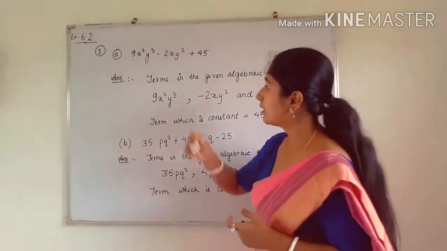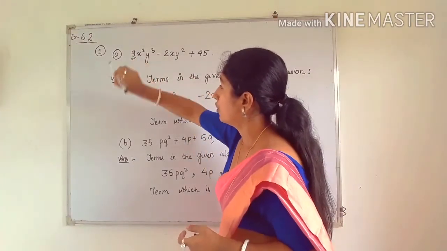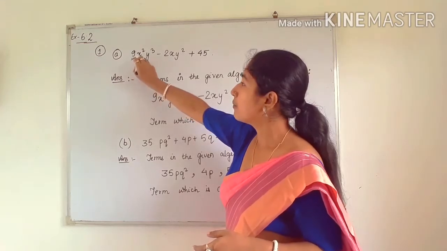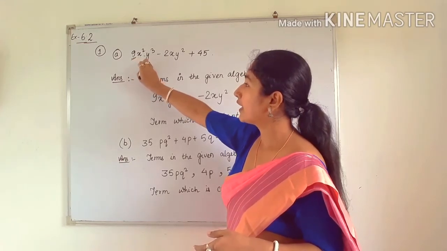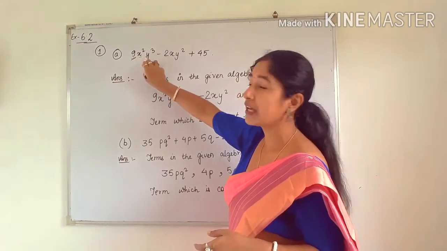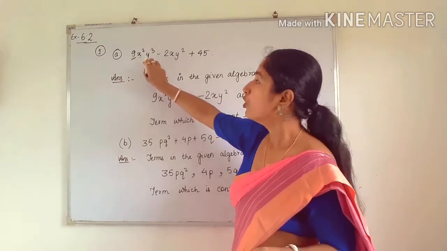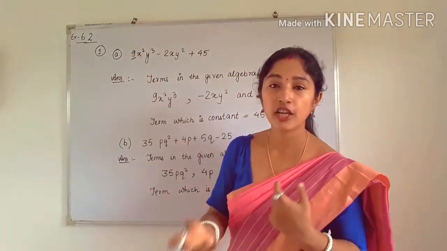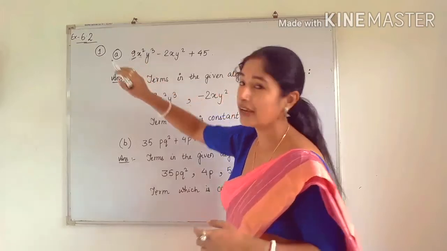Like see here, here 9 is constant. But if you multiply it with x square or y cube, because x is a variable and y is a variable, it can have any value. So if you multiply 9 with this, then what will happen? The value will change. So we cannot say here that 9 is constant.